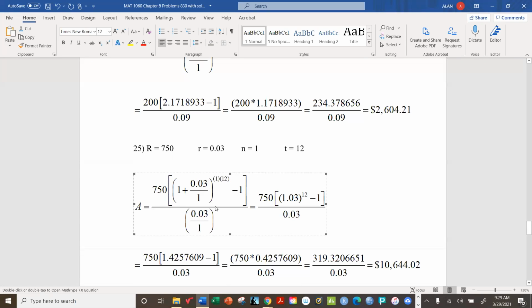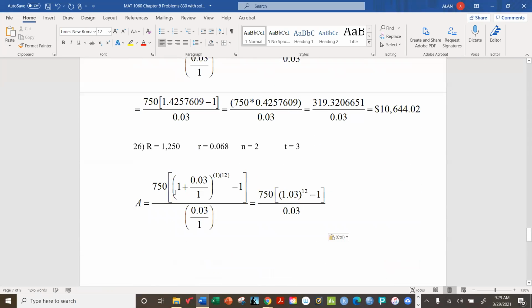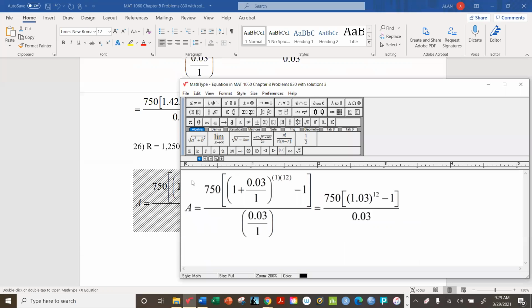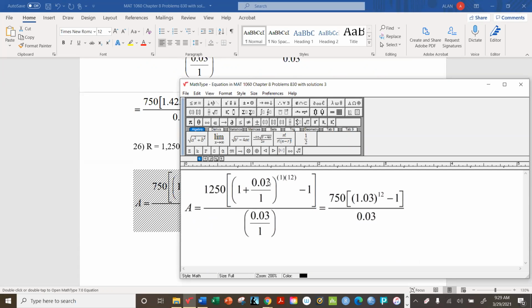All right, so I'll just borrow this one and I'll do some editing on it. Okay, so this time we have 1250. And this is for 6.8% twice a year for 3 years.